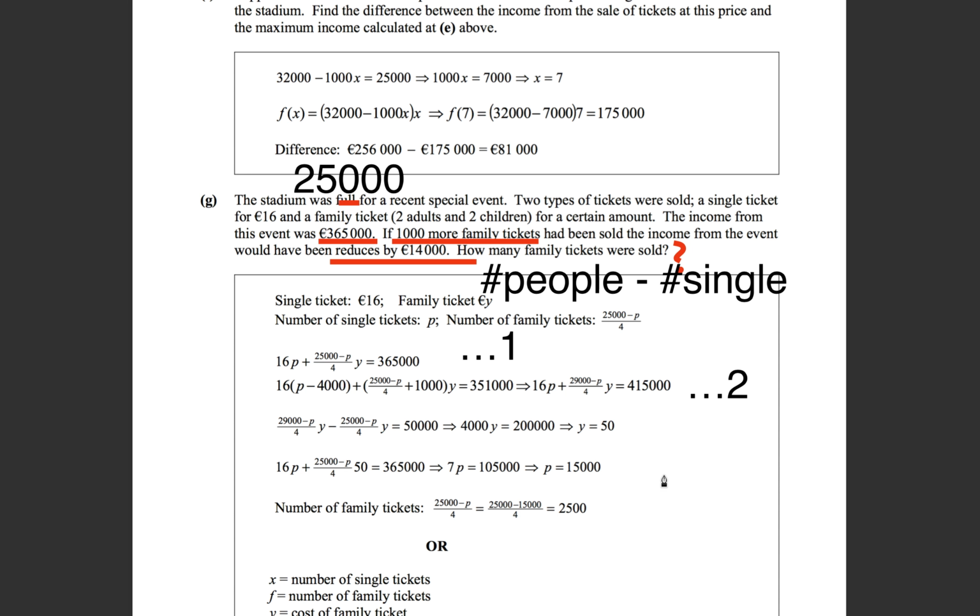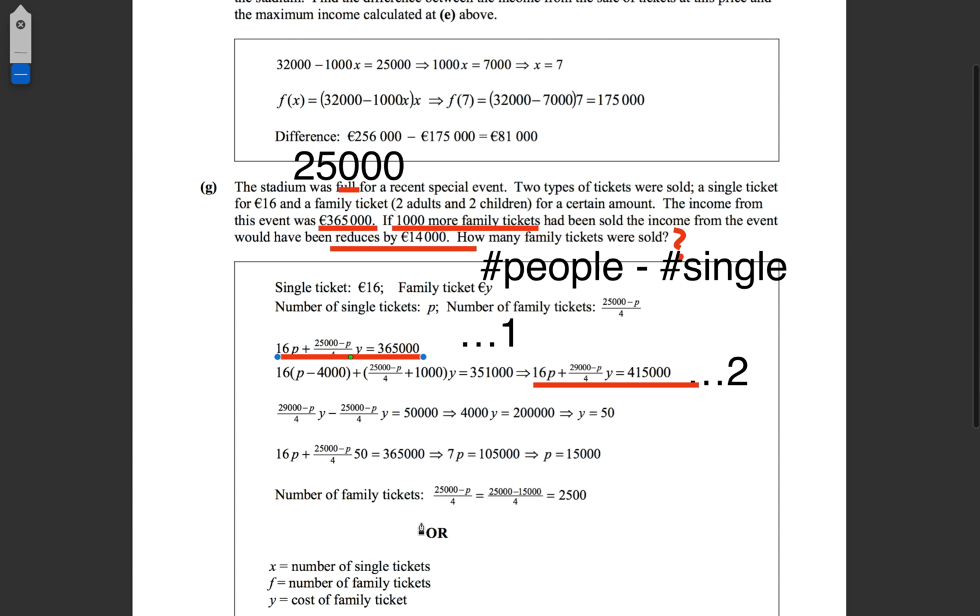You don't have to do it the way they did it, but you have 2 equations here, 1 and 2. Use simultaneous equations to solve them. Remember, the variable you'll get in the end is P. But then to get the number of family tickets, you want to subtract that from 25,000 and divide by 4.